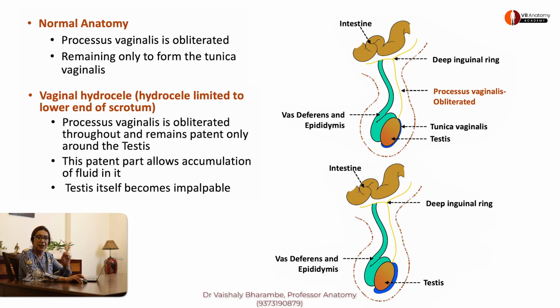Sometimes what happens, take a look. Everything is just the same, but processus vaginalis remains slightly large around the testes. Fluid gets collected there, so much fluid that sometimes the testes cannot be palpated in this patient. This is called a vaginal hydrocele. So why vaginal? Because it's occurring in the tunica vaginalis.